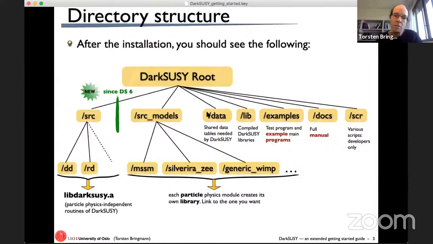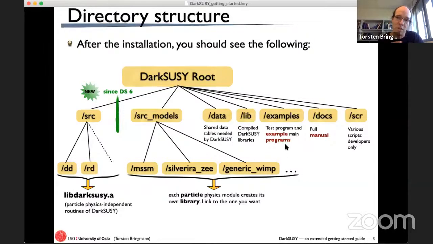There are various other directories, and until you are a very experienced user, the one you will be most interested in is the examples directory, which contains various example programs and test programs.